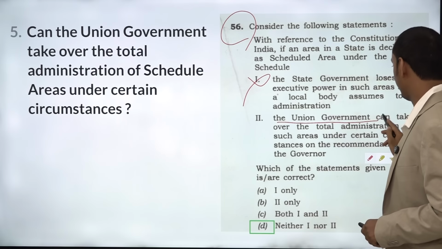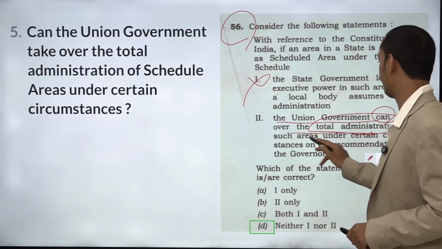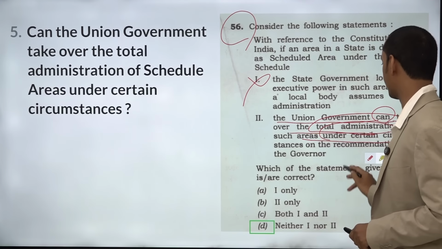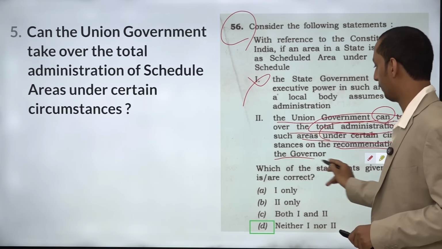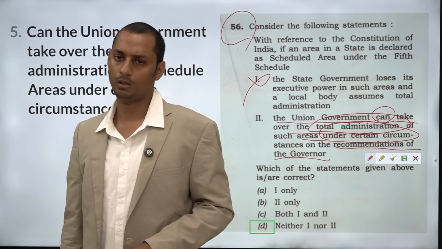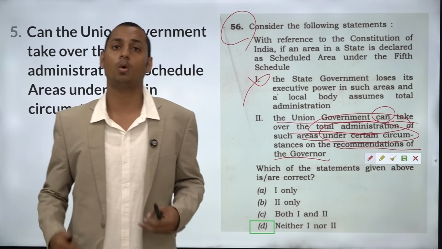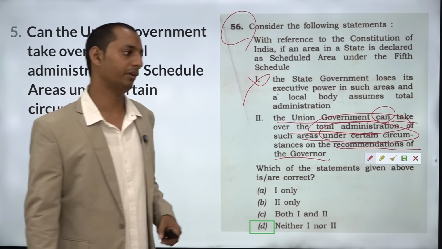The union government can take over the total administration of the state under certain circumstances on the recommendation of the governor. Now, you all have read about Schedule 5, right? Schedule 5 doesn't have an article related to this. Now, what do other circumstances mean, or different circumstances?